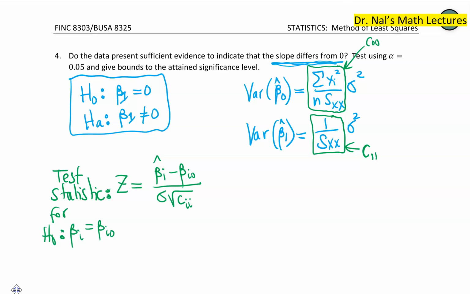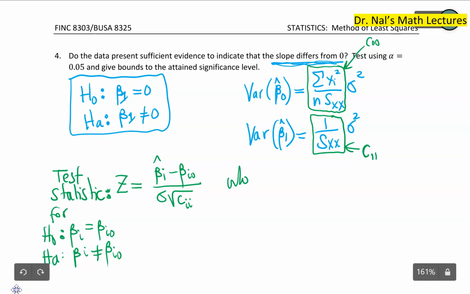The rejection region: if your alternative hypothesis is beta i is not equal to beta i0, it's a two-tailed test, and the rejection region is all the Z's such that the absolute value of Z is greater than or equal to the critical value z alpha over 2.